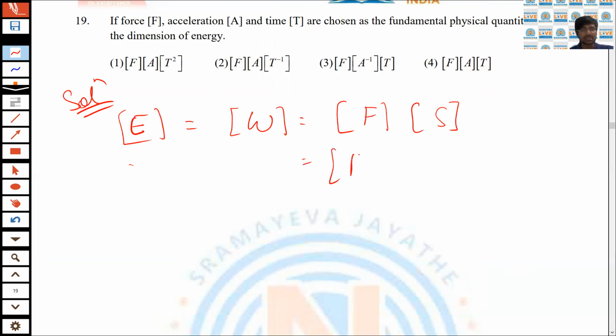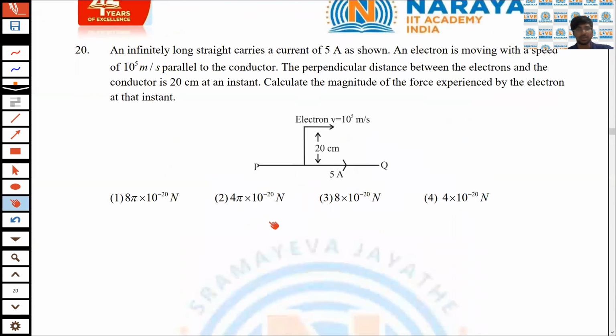And as far as displacement dimension is concerned, it can be written as AT square, because the dimension of acceleration is LT minus 2, which means the dimension of displacement can be written as AT square. So the correct option for this question is option number 1. Let's come to the 20th question.